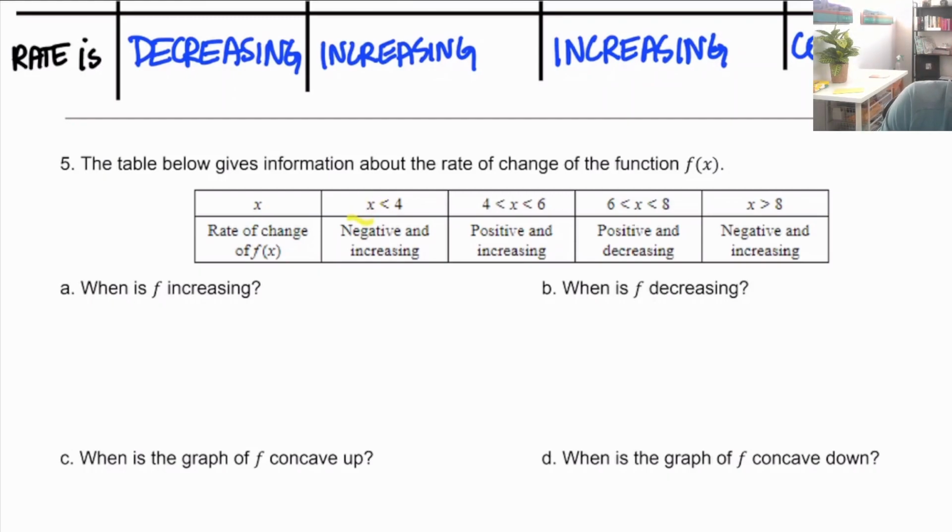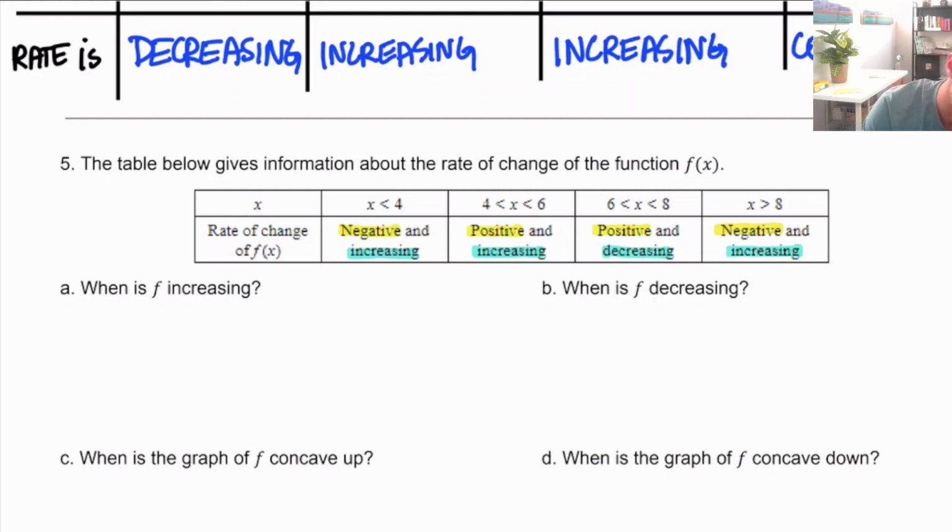I'm going to say, all right, rate of change is negative, then positive, then positive, then negative. Okay, and then I'm going to look at how the rate of change is changing, and I highlight that a different color.